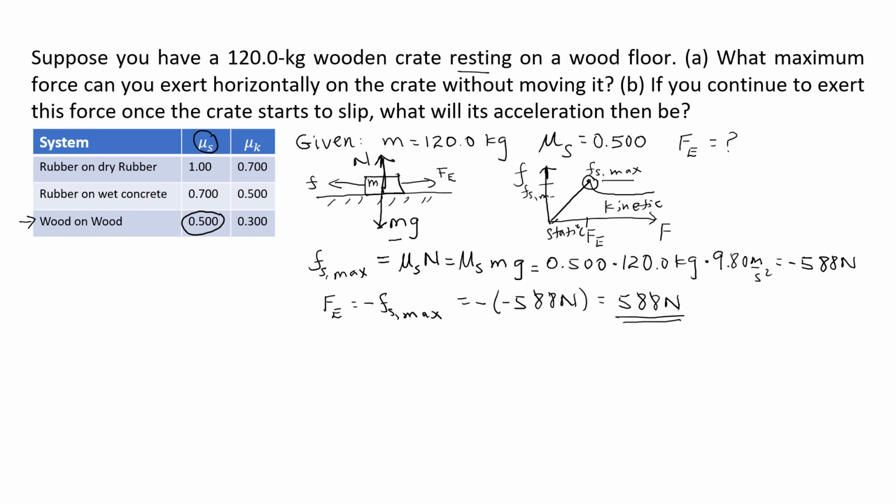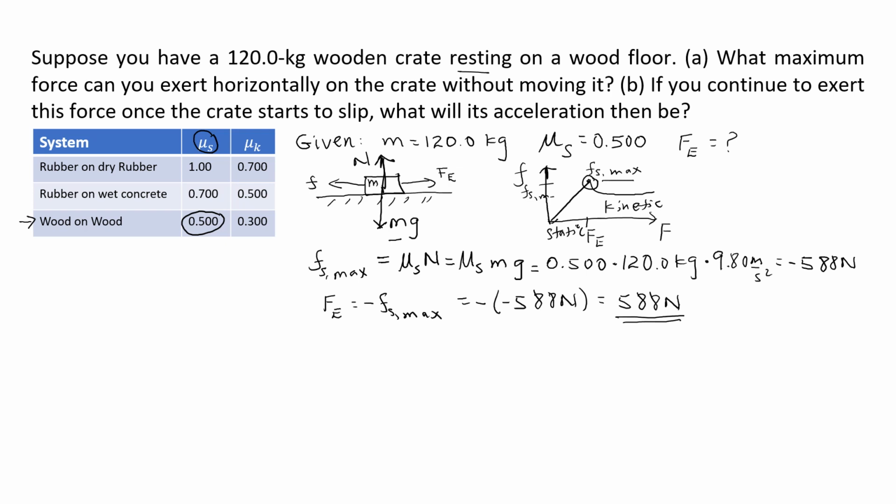So under this condition, if the exerted force is greater than 588 newtons, the crate starts to move. So the maximum exerted force before moving is going to be 588 newtons.